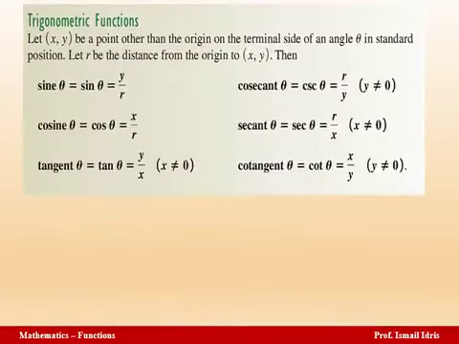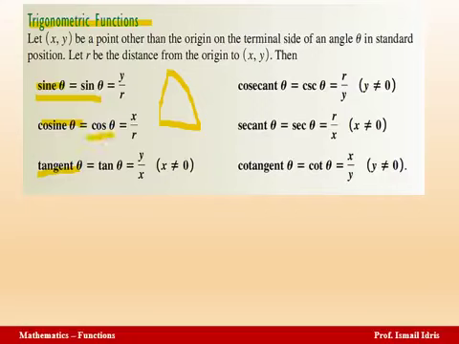One last type of functions, trigonometric functions, and we are familiar with these functions: the sine function, the cosine function, and the tangent function. If you have a right-angled triangle, what do we mean by sine theta? It is opposite over hypotenuse.